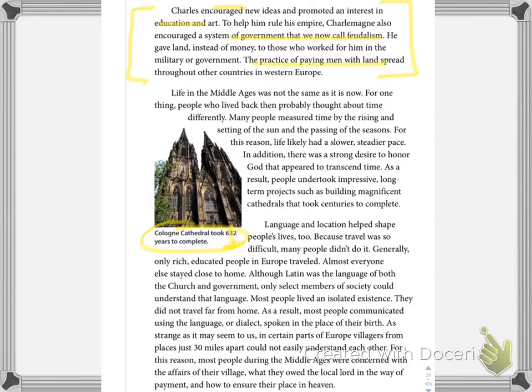Most people lived an isolated existence. They did not travel far from home. As a result, most people communicated using the language or dialect spoken in the place of their birth. As strange as it may seem to us, in certain parts of Europe, villagers from places just 30 miles apart could not easily understand each other.